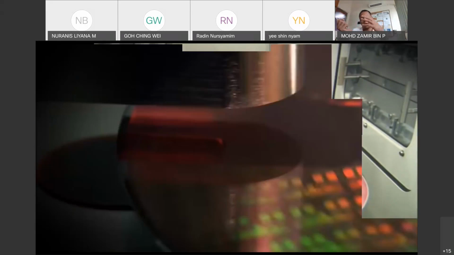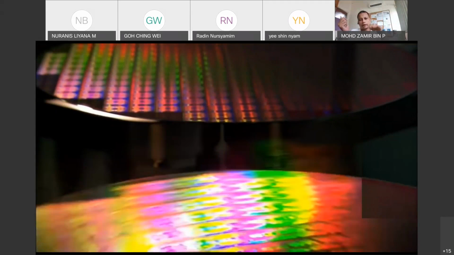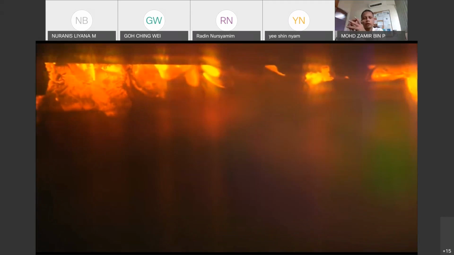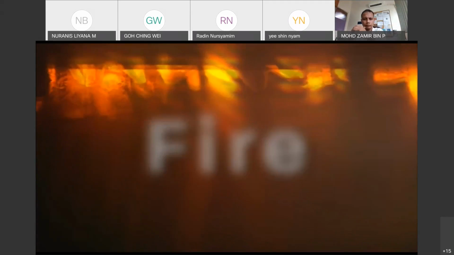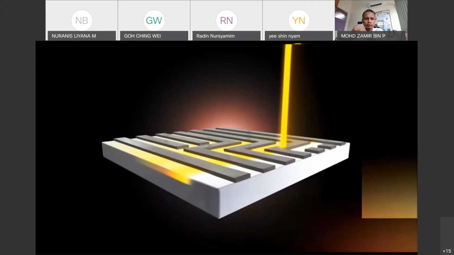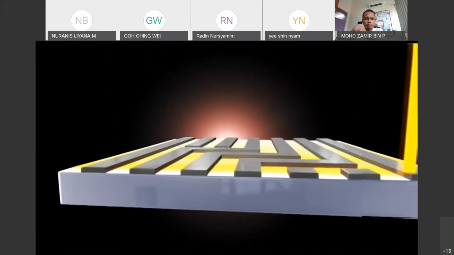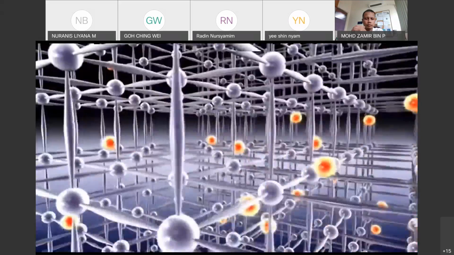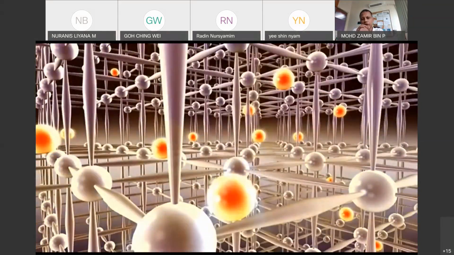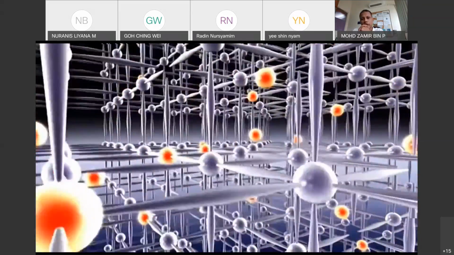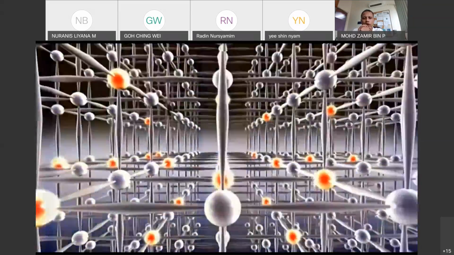It can rotate around theta, can move around X and Y and theta and also Z. So there's so many rotations, so many movements of the robot arms. This is the impurities incorporation into the silicon lattice, just like what we learned in trace last time. So the orange ones are the dopant atoms. The gray ones are silicon.